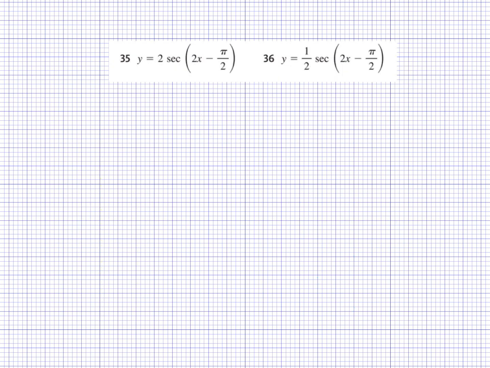35. Now we have an amplitude of 2. So they're just going to be skinnier, but that doesn't appear to be anything. You're just starting at a higher value on your graph. All right, again, this is cosine. So the period is 2 pi over the coefficient of x, or pi, and we divide it into fourths, so every pi over 4. But we are shifting here. So let's rewrite this.